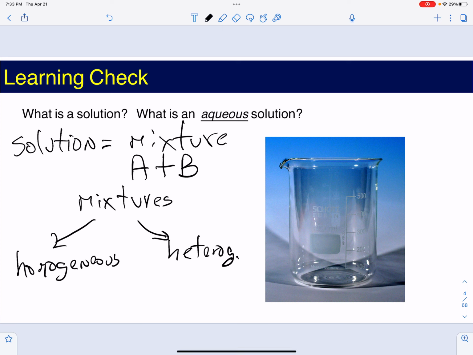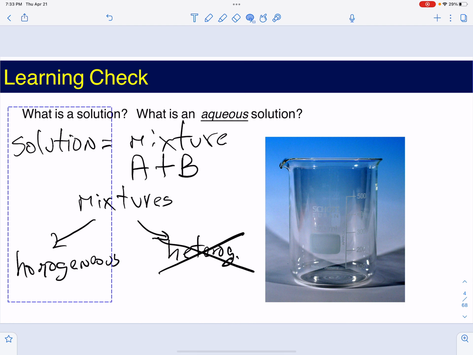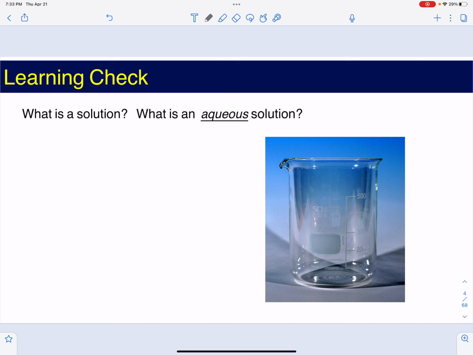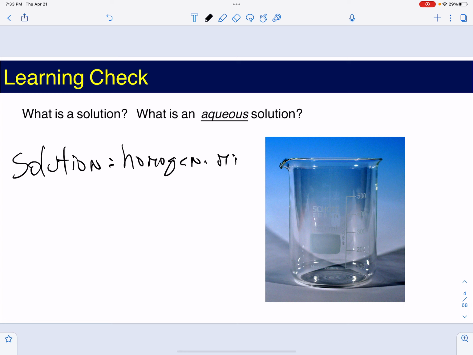So solutions are going to be only the homogeneous mixtures. So to summarize, you can say that a solution is the same as a homogeneous mixture. That's what a solution is, a homogeneous mixture.